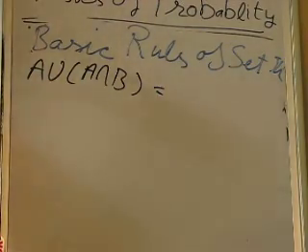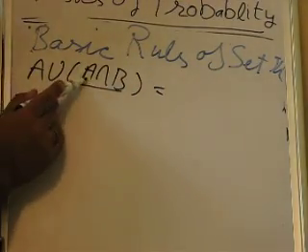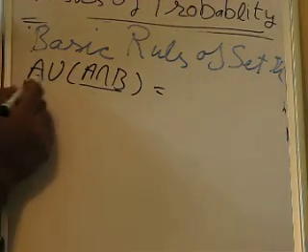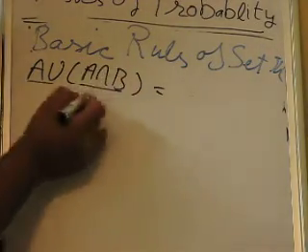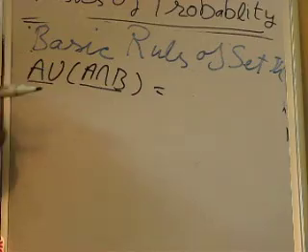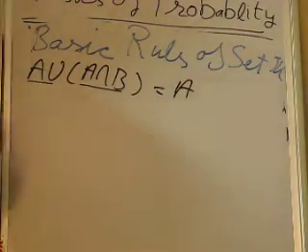A intersection B has all the common elements of A and B. If you take a union of A with the common elements of A intersection B, this contains only the common elements, and A itself has all those common elements. Union gives you the sum total. So what you will get is A itself.